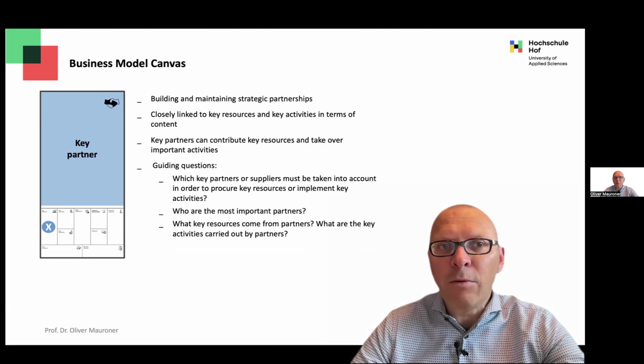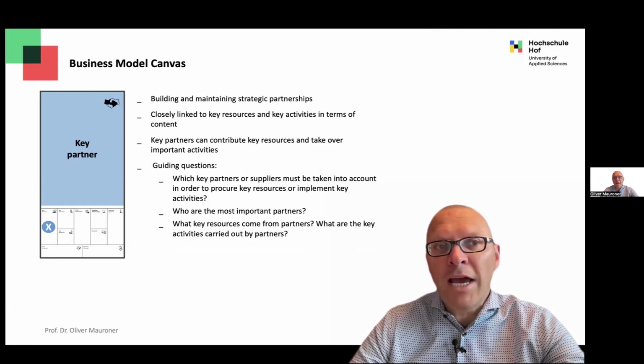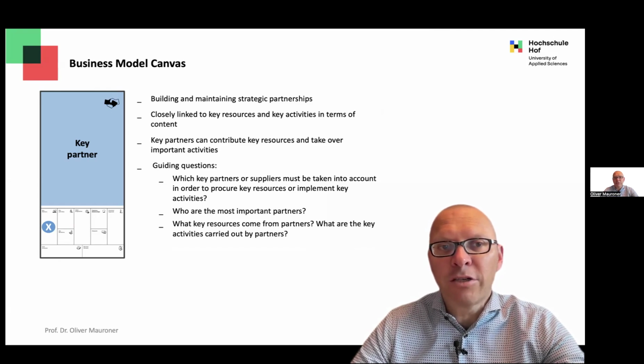So no company works in isolation. So important partnerships can help a company to grow and to scale efficiently. That is why there is a separate building block for partnerships and why firms need to build and to maintain strategic partnerships.